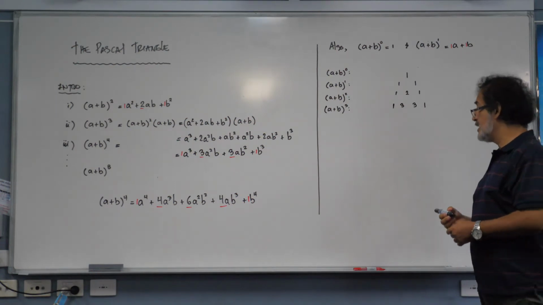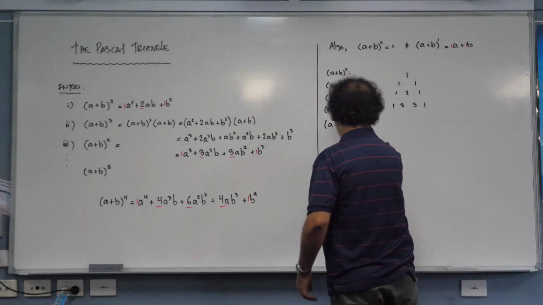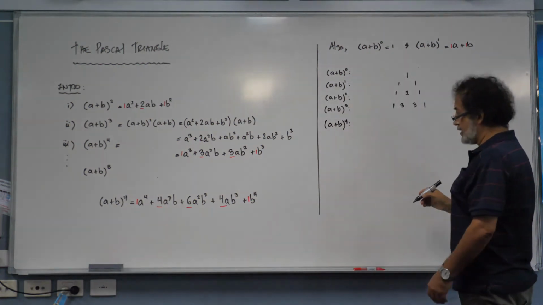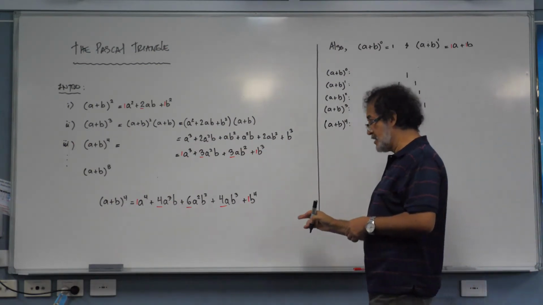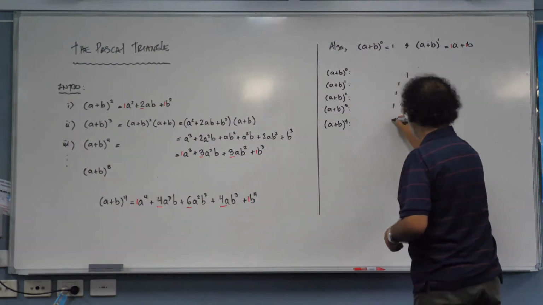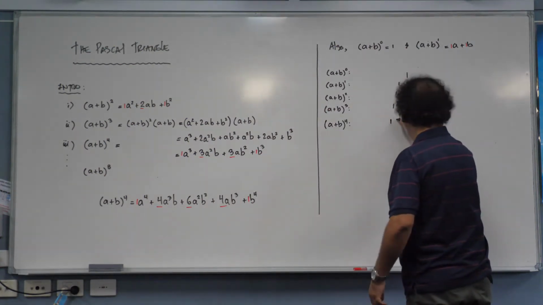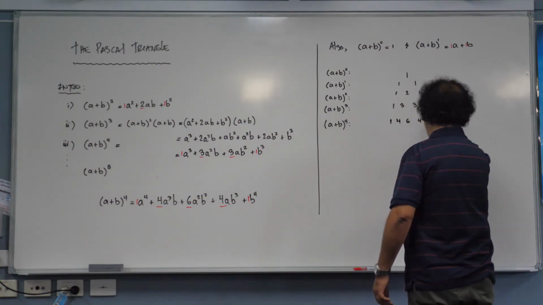And let's do the last one that we've done. So it's (a plus b) to the power of 4, and we found that the coefficients are 1, 4, 6, 4, 1. I'm going to put 1, 4, 6, 4, 1.